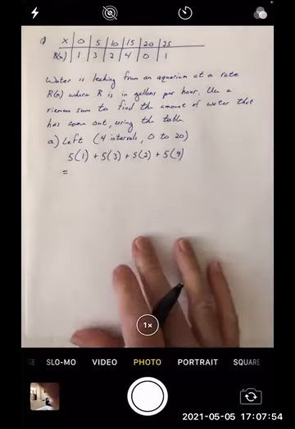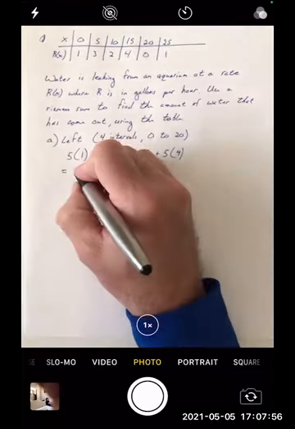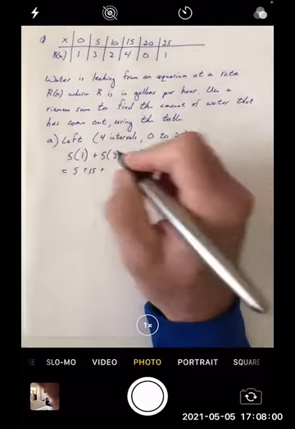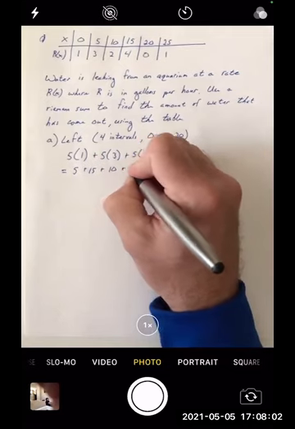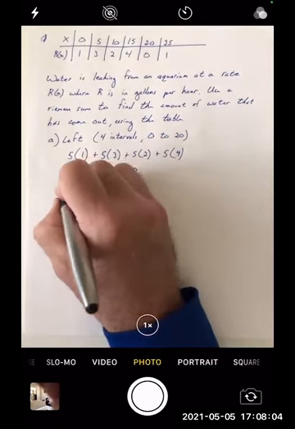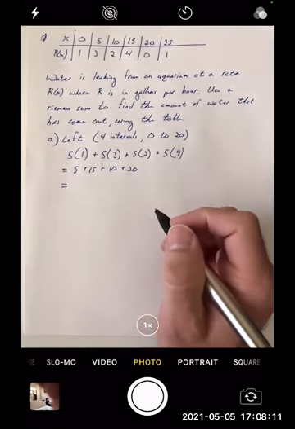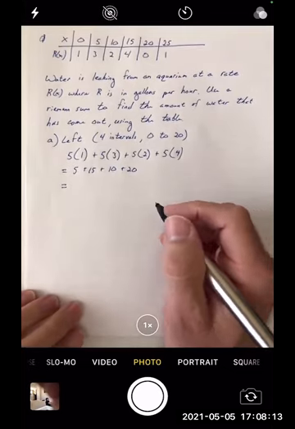And then you just have to multiply them and add them together. So 5 plus 15 plus 10 plus 20. That gives you a total of 50.